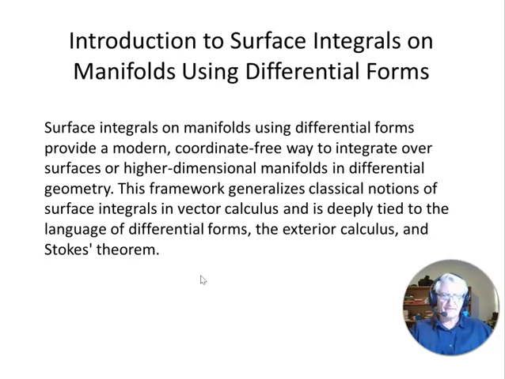Now, before I go any further, there's a video in the playlist immediately preceding this one which looks at a surface embedded in 3 dimensions, parameterizing a 2-dimensional surface embedded in a 3-dimensional manifold. You should see that video first before seeing this one. That's an example upon which I'll build the general case.